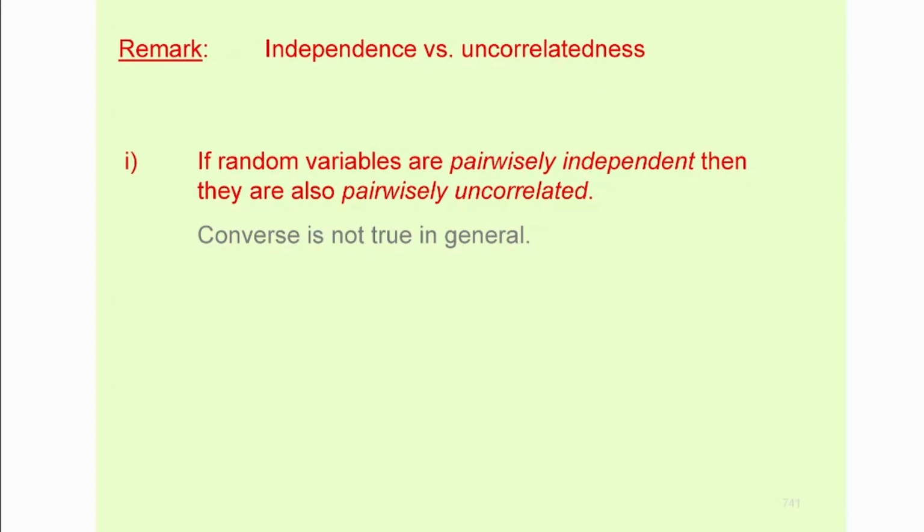Just because they're uncorrelated, I mentioned that before, uncorrelatedness means just that there is no linear relationship between them, defined by the covariance. If they're independent, then their covariances are going to be 0. But just because their covariances are 0, it does not necessarily mean they are going to be independent. So keep that in mind when you consider the case of independency.